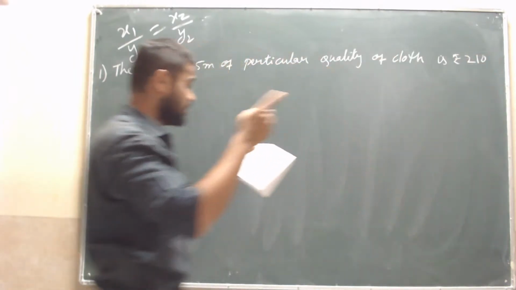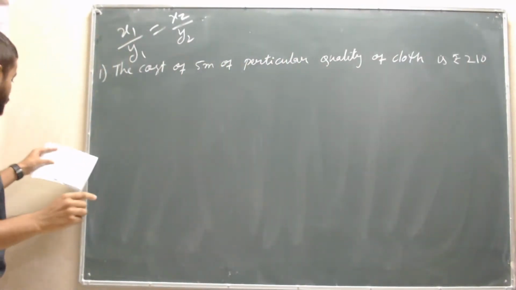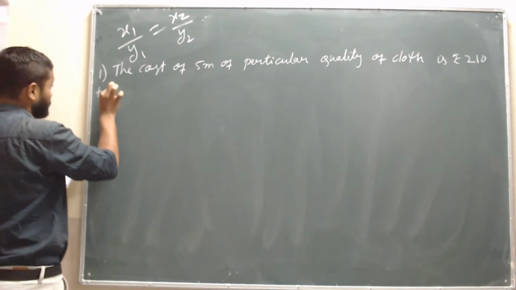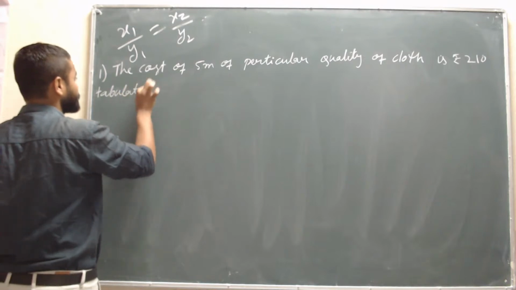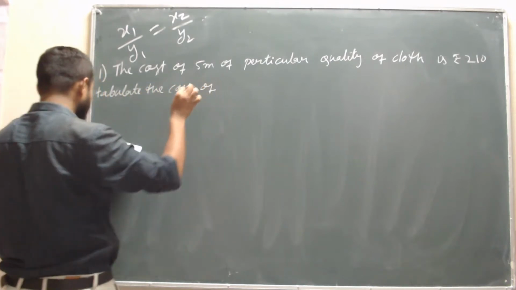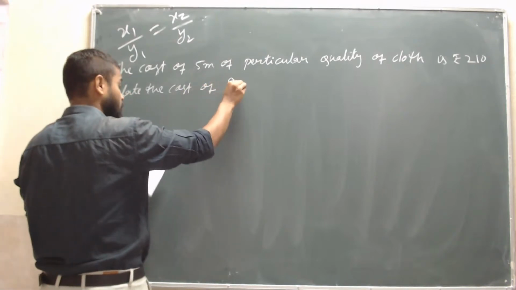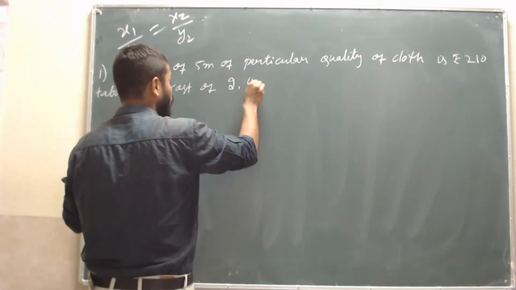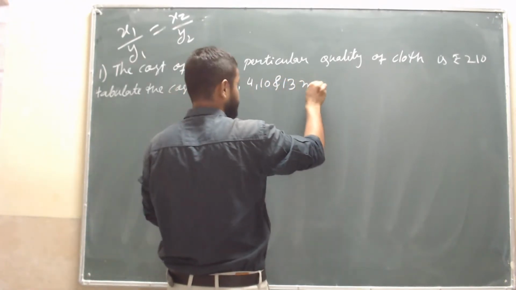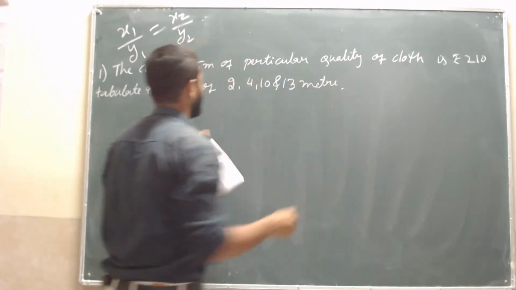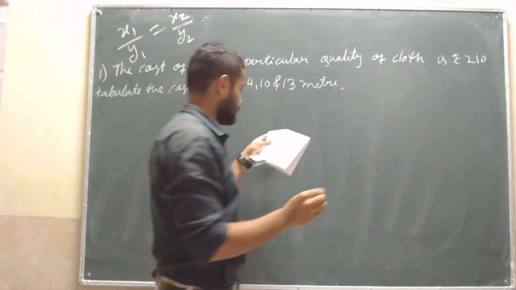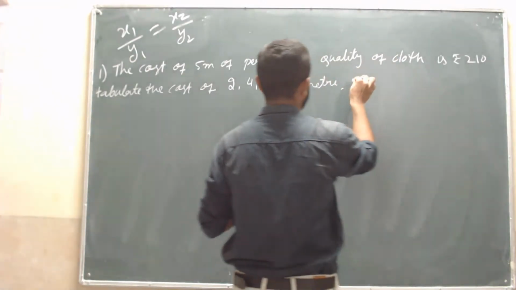Tabulate the cost of 2 meters, 4 meters, 10 meters and 13 meters of cloth of the same type.